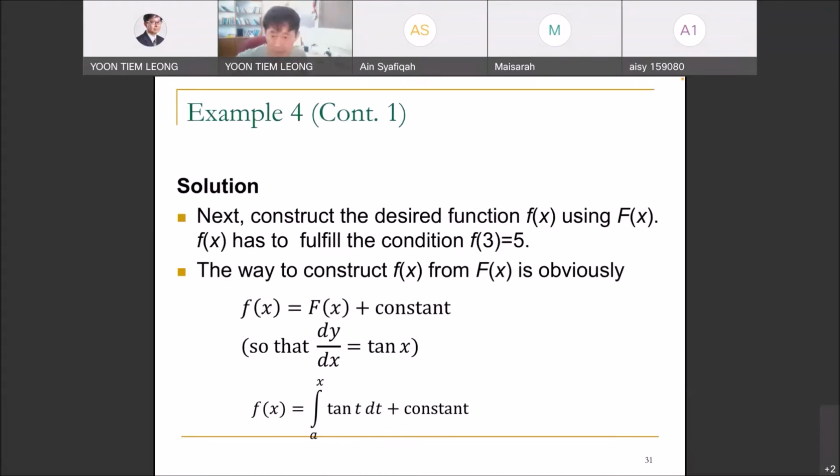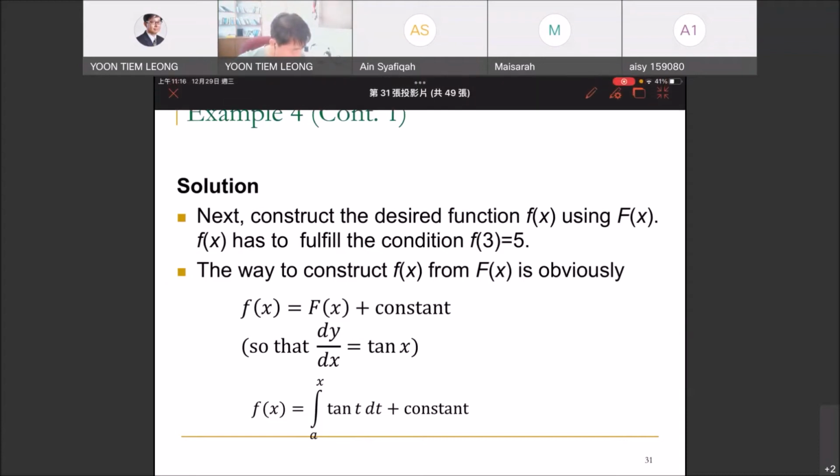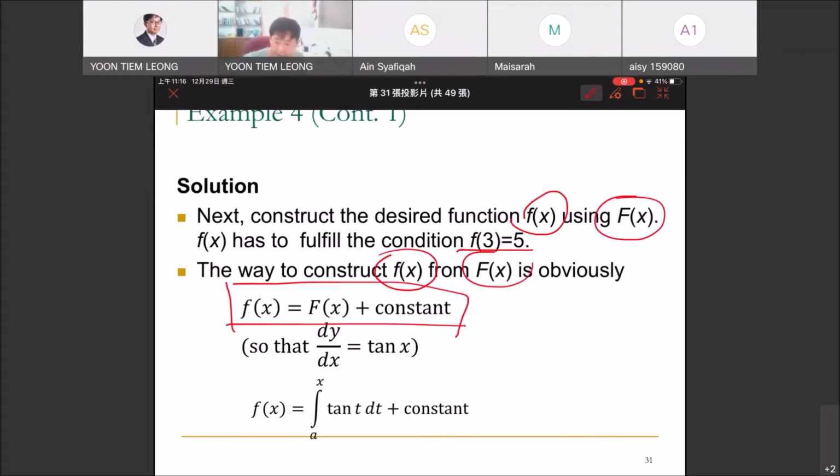So you have to construct the desired function f(x) using the capital function F that has to fulfill these conditions. So one way to construct the desired small function f from F(x) is obviously this, right? So you just have to add a constant to the capital function F(x). Now, why is it so?